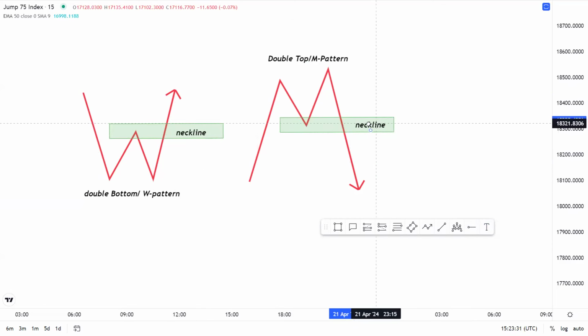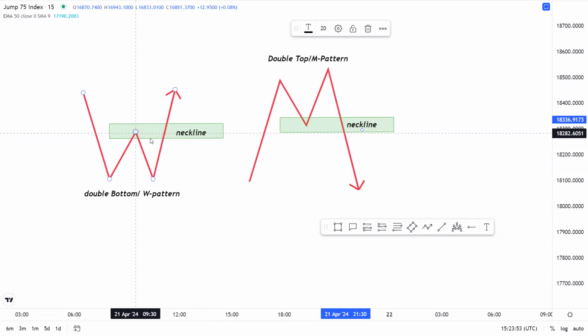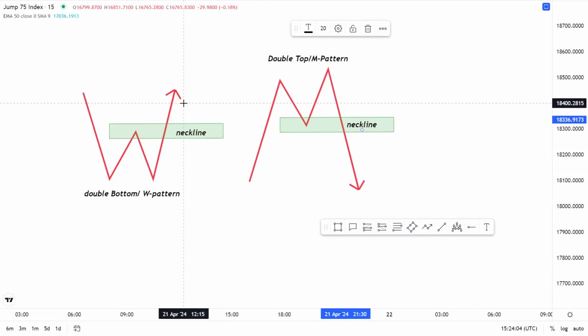So it's always safer to get in on the buys when we have a confirmed double bottom pattern. And the confirmed double bottom pattern will be when once we have a break of this resistance level right about here, confirmed candlestick close above that level, that resistance level, being the neckline of the double bottom pattern, would be the best and the safest time to get in on the buys.